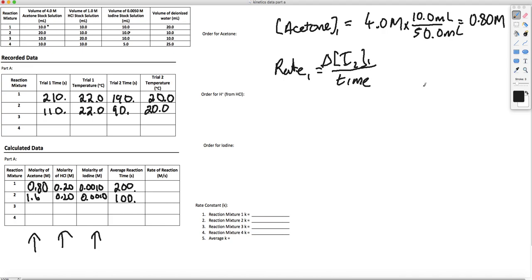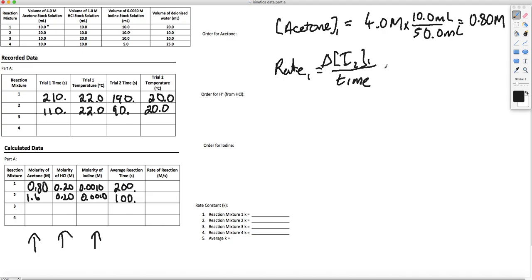The yellow color is actually the iodine. You'll notice that the iodine is at very low concentration relative to the other things in the reaction mixture, so it ends up being the limiting reagent. It's going to be used first. When the yellow color disappears and it becomes colorless, we know the iodine is gone.